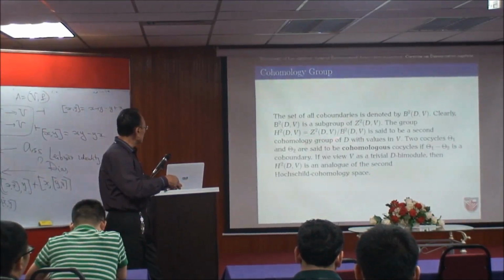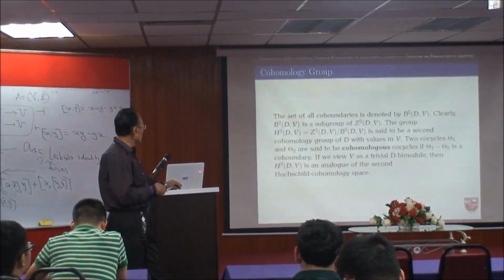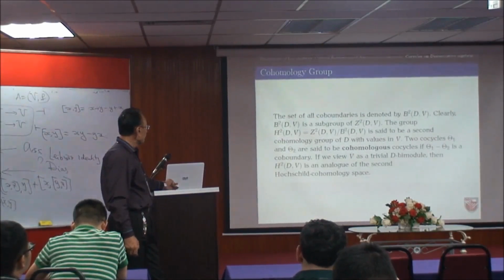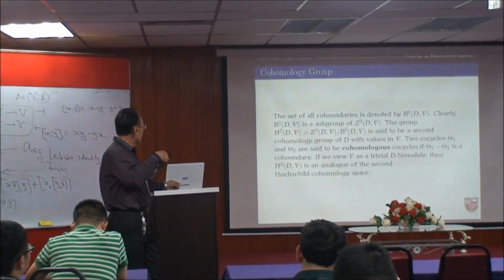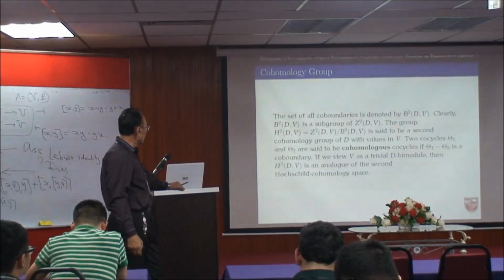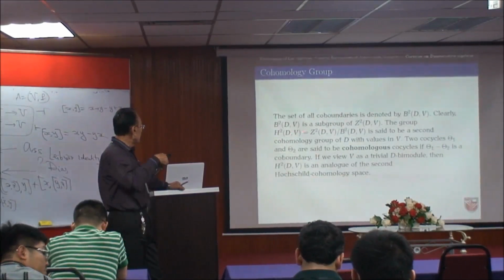Then of course if you consider cocycles in the factor group with respect to coboundaries, this group is called the second cohomology group of the diassociative algebra D with values in the vector space V, the trivial module.